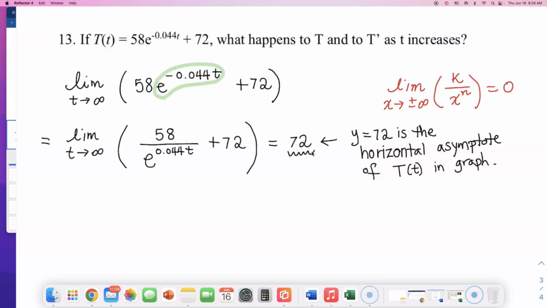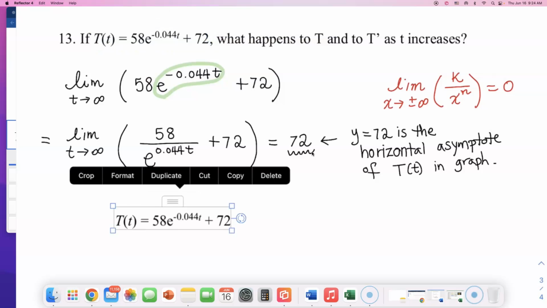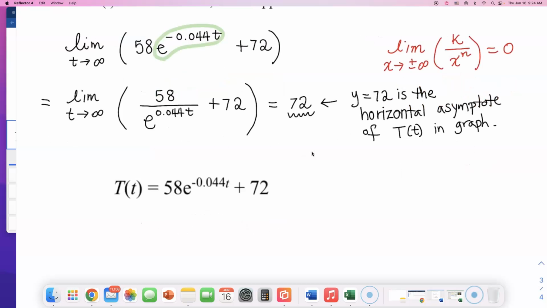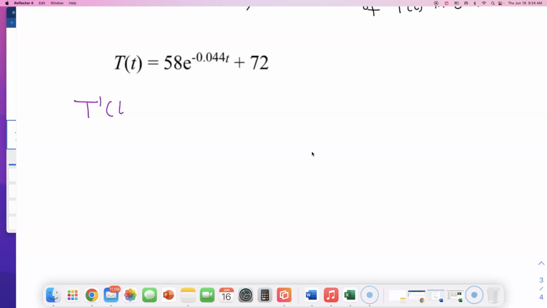But now, what about the second part? Now I need to talk about T prime of t. So let's first find the derivative function. If the original function is this, let's find the derivative and do it the same way. For T prime of t, you have to remember how to take the derivative of this. We multiply this 58 by negative 0.044.